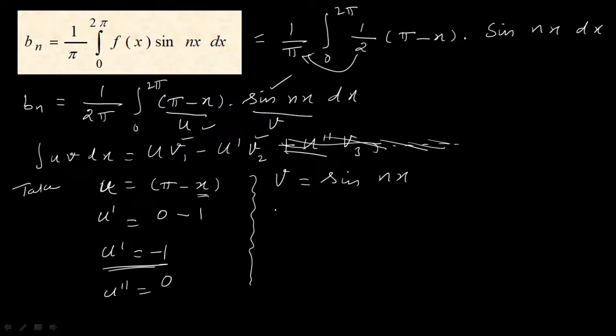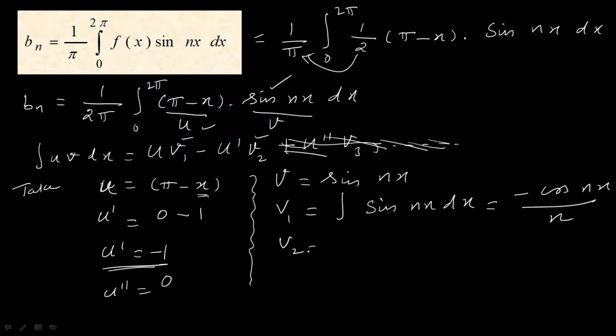For calculating v1, v1 is equal to integral sin nx dx. Integrating sin nx gives minus cos nx divided by n. And v2 is equal to the integral of this once again.